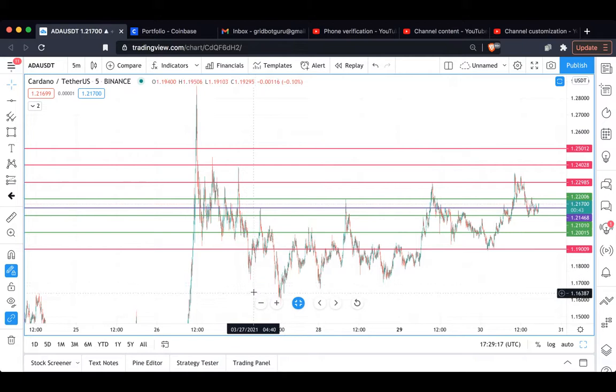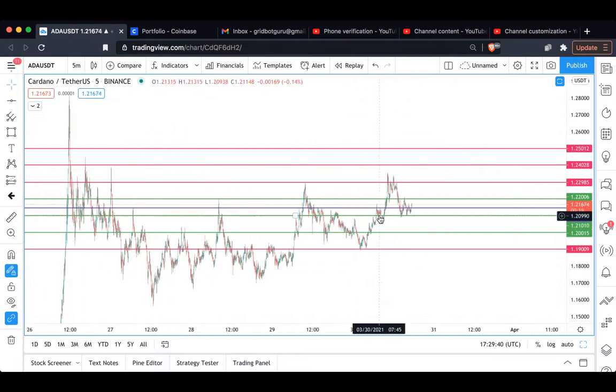Say it drops all the way down to 117, 118, 116. Well, my low is 119. So if it drops all the way down here, I will not be trading. The bot will be in negative and it will look like I'm losing money. But as soon as the bot comes back in and starts trading again and bouncing around, I'm going to get small gains as well. So keep that in mind.